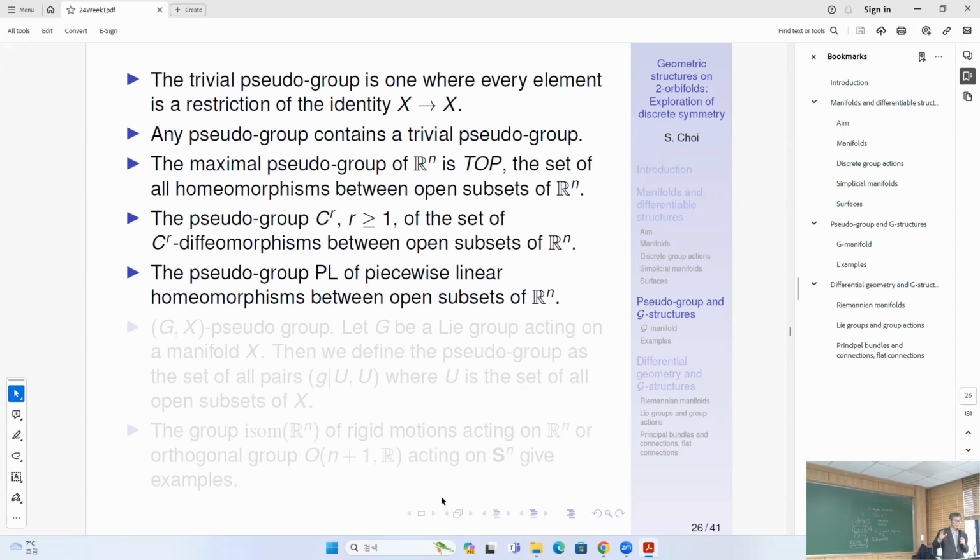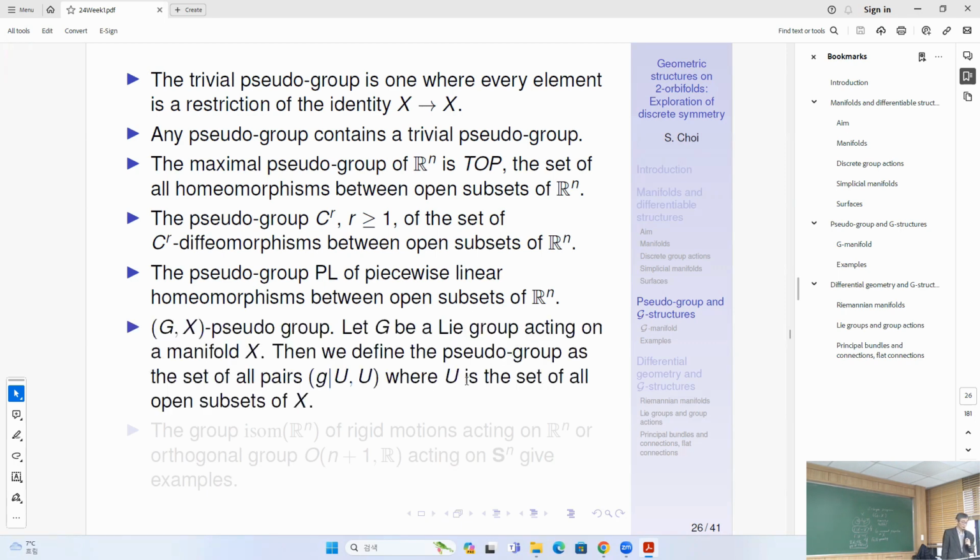Of course Rn has defined simplices, so you don't want to change the simplices in Rn. There is a theory of piecewise linear structures, PL structures, but I think we haven't really covered that. But this is an important group also.